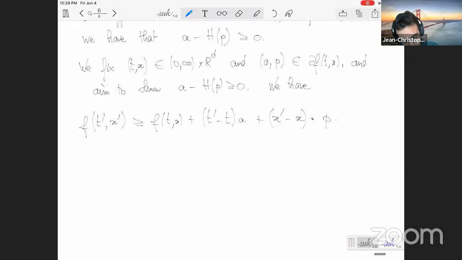So the first thing I want to observe is that from this inequality I just wrote, if I look at the mapping which from a given y gives f of (0,y) minus y dot p, this is bounded from below.